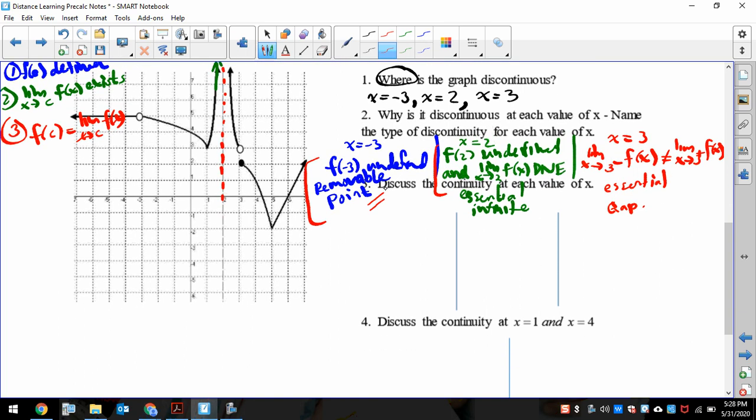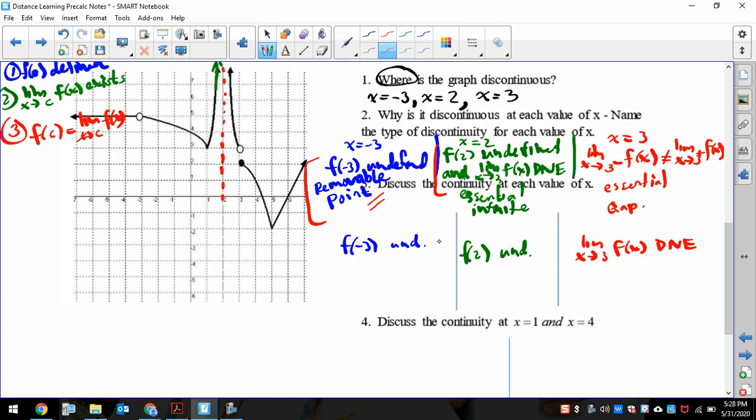Okay, and number 3, we've kind of analyzed the continuity here by saying that this one, f of 3 is undefined, f of negative 3 undefined. Here, f of 2 is undefined. And this one here, the limit as x goes to 3 of f of x does not exist.